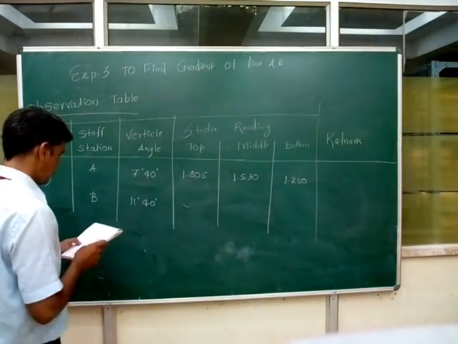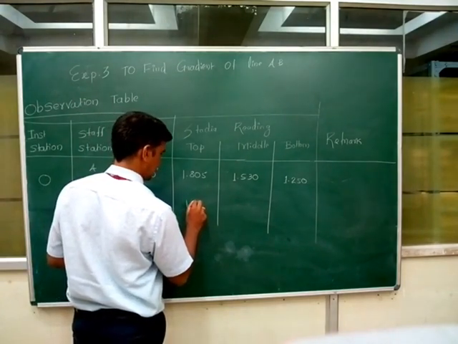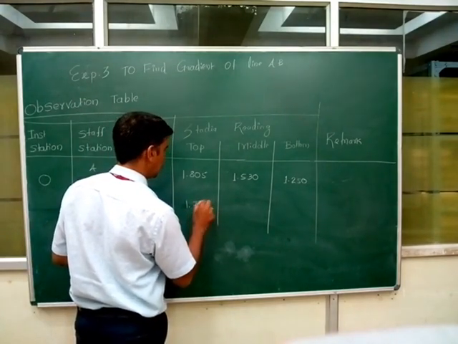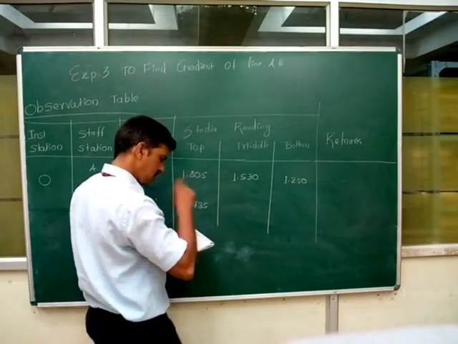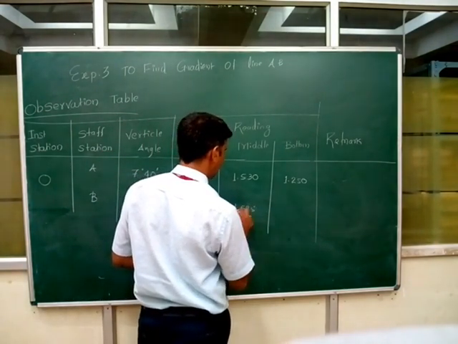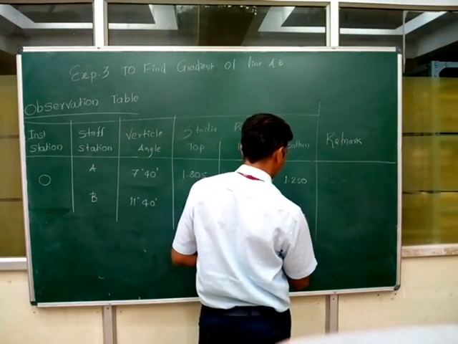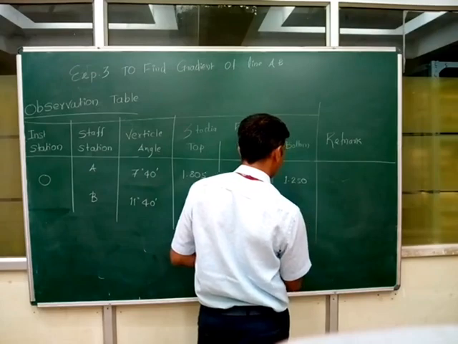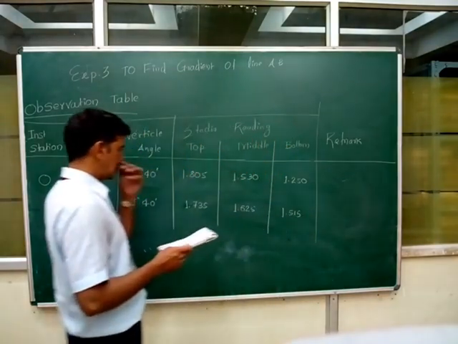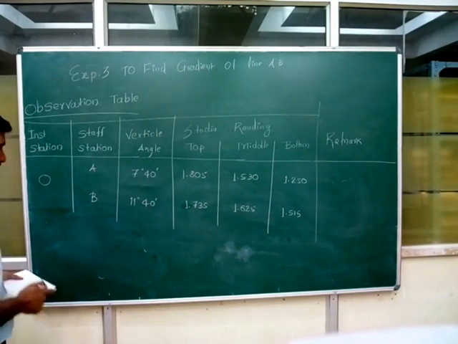For station B, the top is 1.735, for middle it is 1.625, and for the bottom it is 1.515. So these are the readings that I have measured in the field.